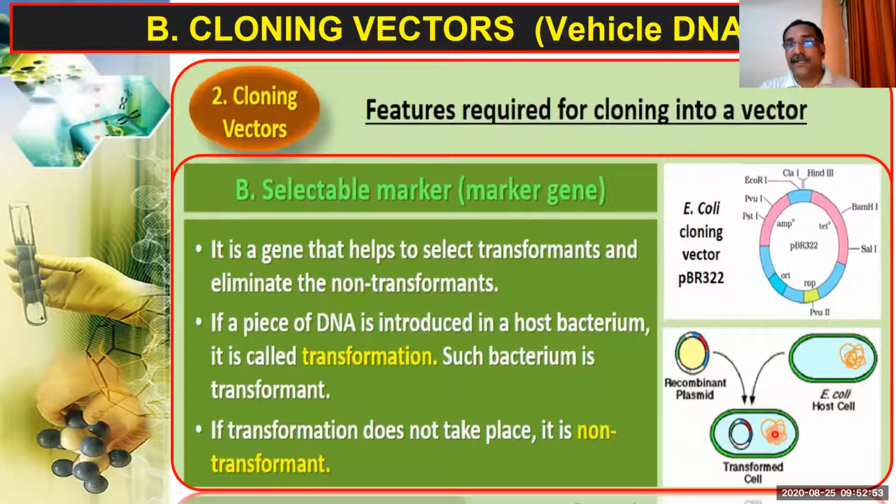But wherever the transformation is not taking place, wherever such DNA or plasmid is rejected, it is called a non-transformant. I think this point is clear to you. So the marker gene helps to find the transformants from the non-transformants.